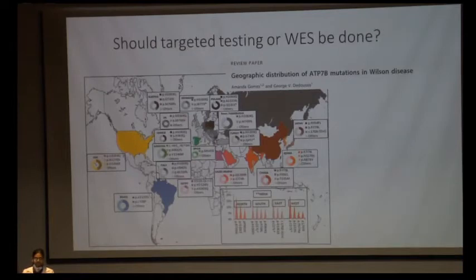If you look at this map, we see that in a lot of the European countries, the common mutations account for around half to over half of all the disease variants. So this makes it a good disease to do targeted testing.